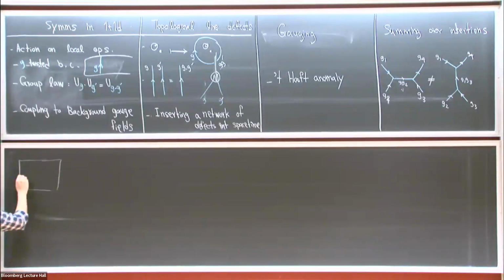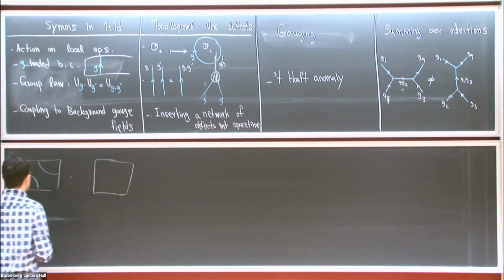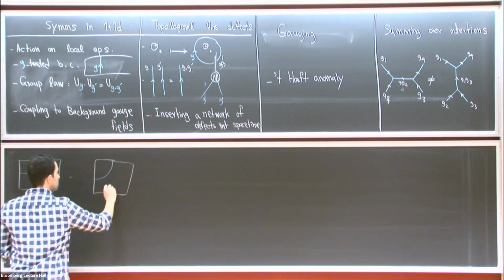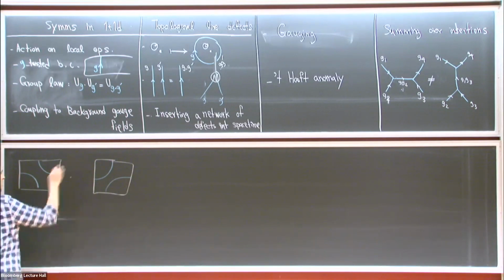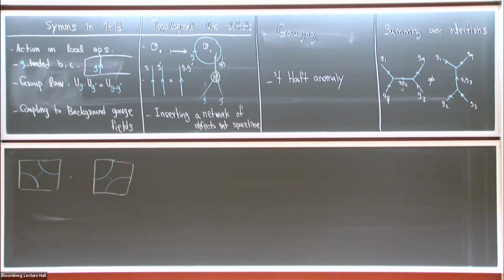There are two things that I could do. I could put a line here, or I could do this. This is just those two pictures, but I have the trivial line in the middle. No one said that this has to be equal. In fact, I'm assuming that this is a Z2 line. This is eta, such that eta times eta is 1.